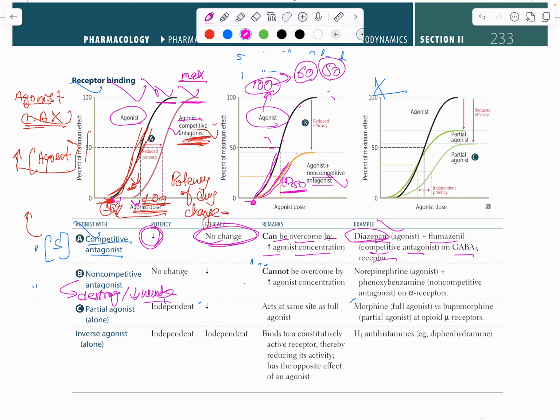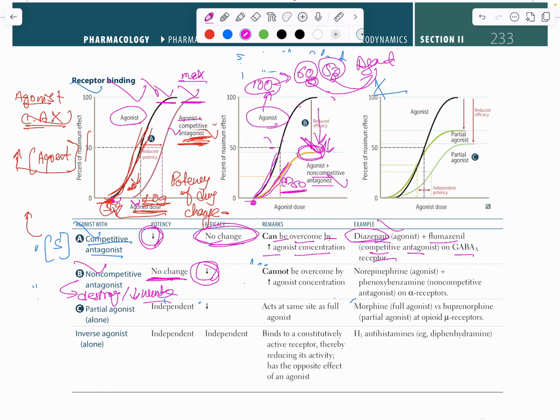So now when we give the drug, it will act only on these receptors and we get the effect only from these receptors, so the effect will be decreased. In simple terms, the potency will not change with non-competitive antagonists, but the efficacy will be decreased. Efficacy means the maximum effect a drug can produce, and if you check here, the maximum effect is decreasing.